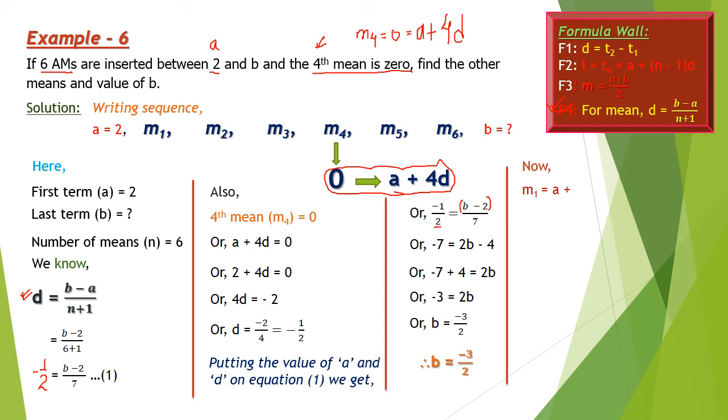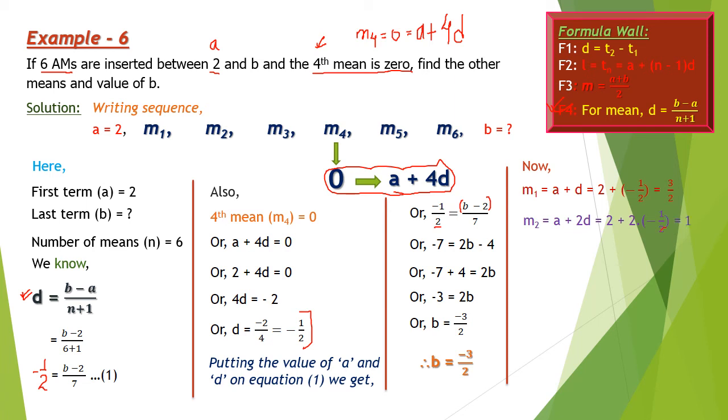Now m1 equals a plus d. Substituting the value of a, that is 2, and d is minus 1 by 2, which is 3 by 2. Similarly, m2 is equal to a plus 2d, 2 plus 2 into minus 1 by 2.